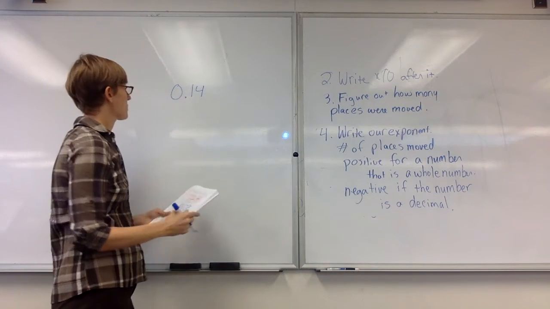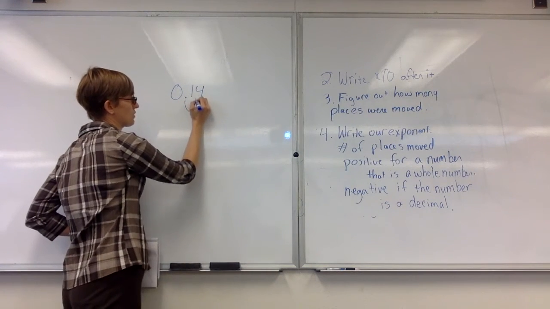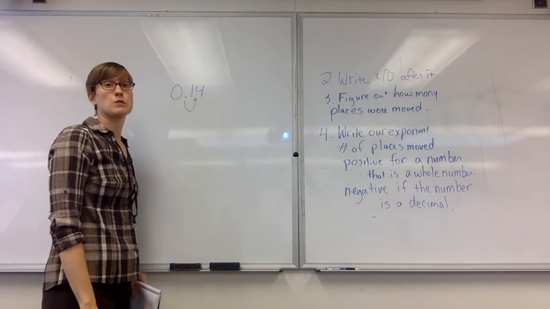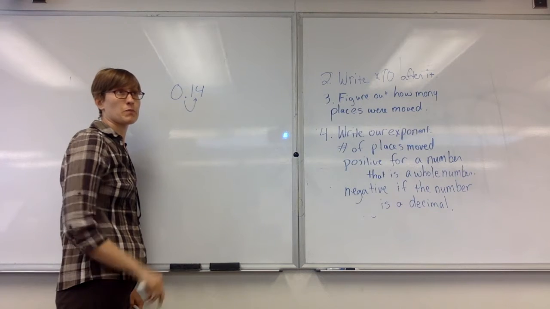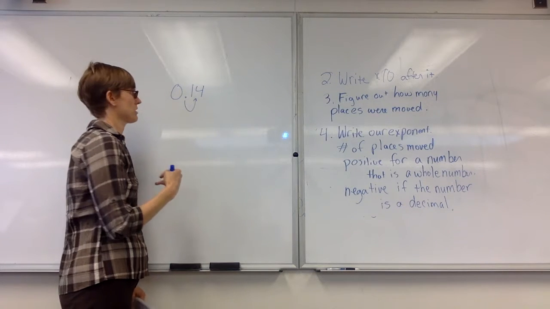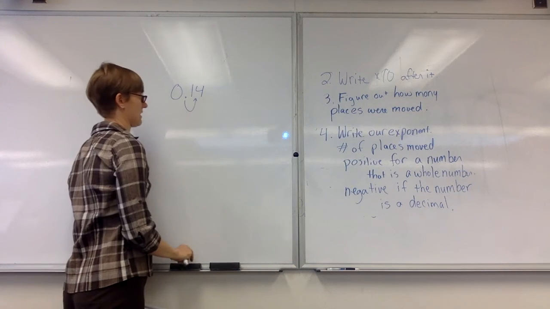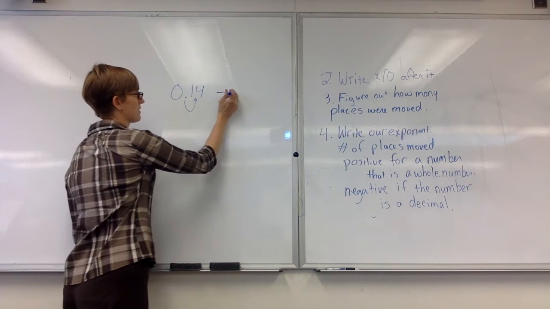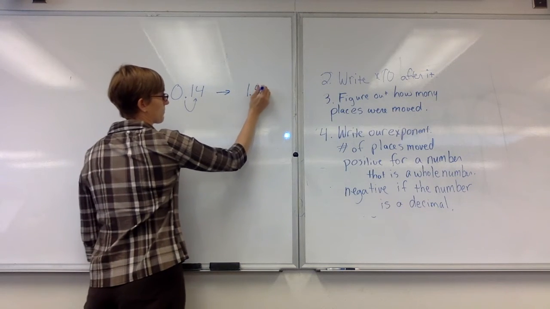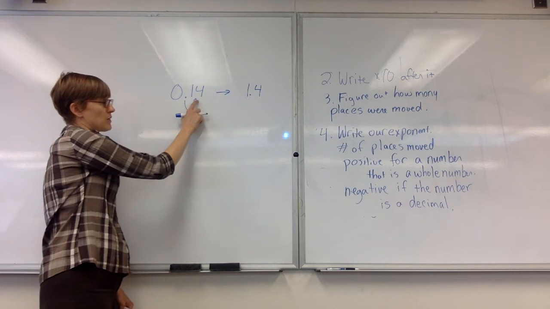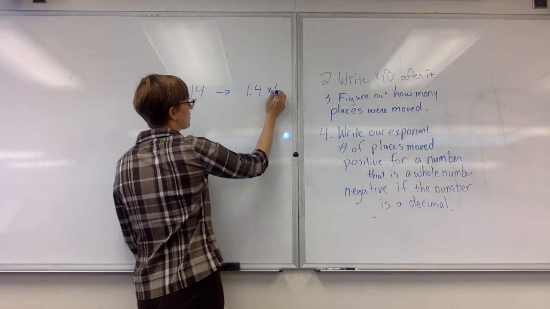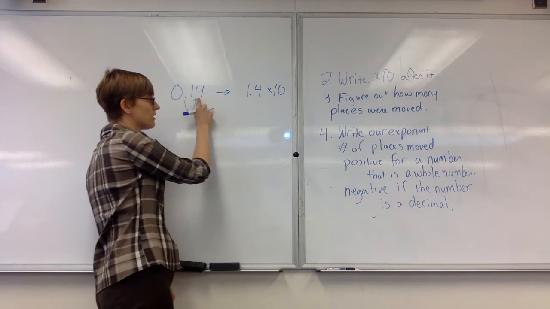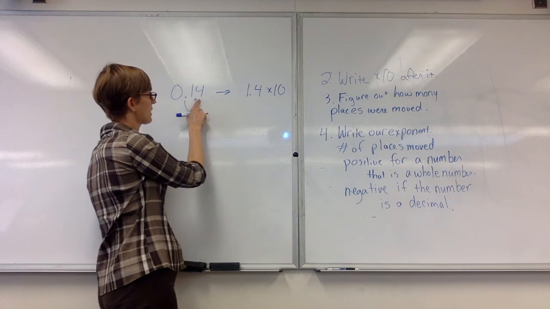First thing I'm going to do is I'm going to move my decimal to between the 1 and the 4, because that is where I would have one non-zero digit in front of the decimal. So I'm going to move this to 1.4. Now I think, how many places did I move my decimal? I moved the decimal 1 place, and I moved it to the right.